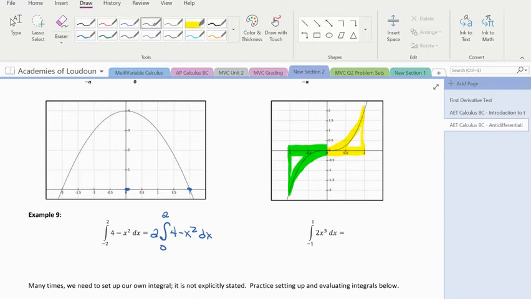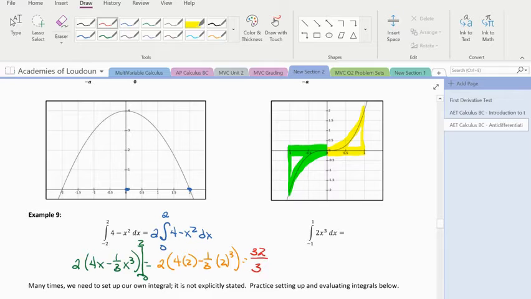So we know that the antiderivative is 2 times 4x minus 1/3 x cubed, evaluated from 0 to 2, which gives me 2 times 4 times 2 minus 1/3 2 cubed. So I have 8 minus 8/3 times 2, which gives me 32/3.